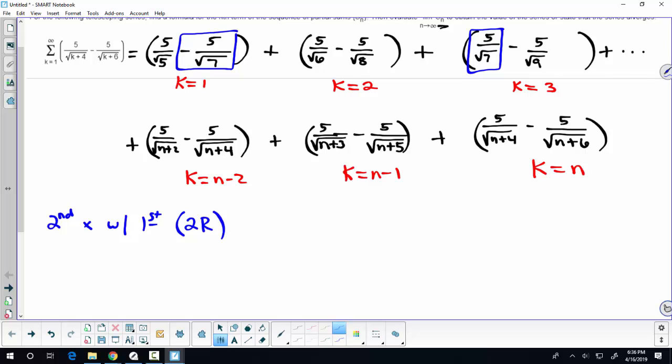And then similarly, the first term cancels with the second, that's 2 to the left. So then we just look at all of our terms. Does the 5 over root 5 cancel with anything? No, because it cancels with the second term that's to the left. There's nothing to the left of this. So that stays.